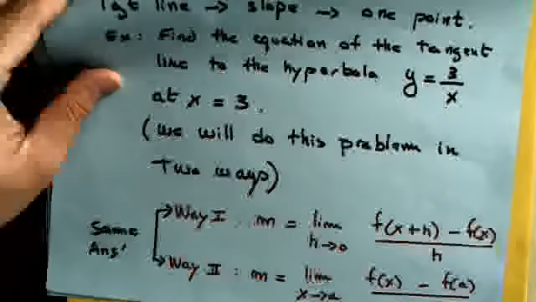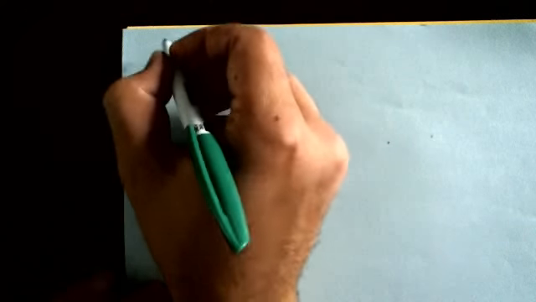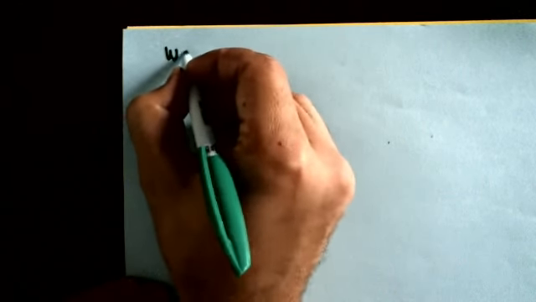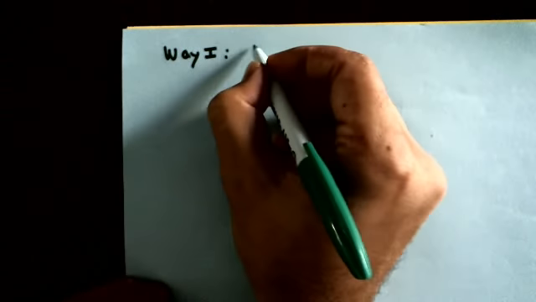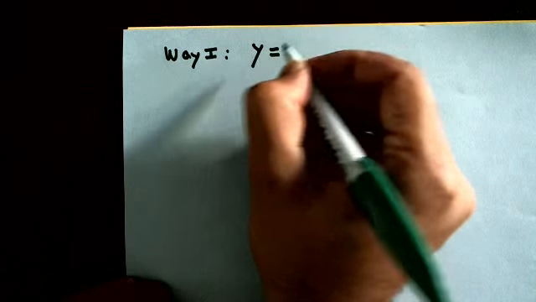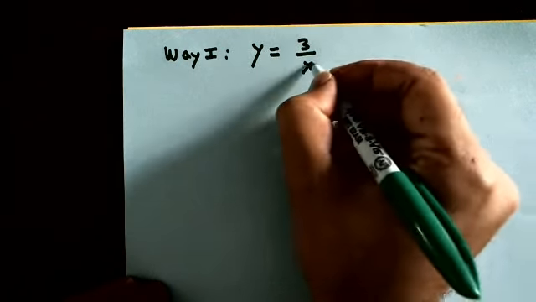Okay, so let me go ahead and move on. Way 1. Remember we had the function y equals 3 over x.